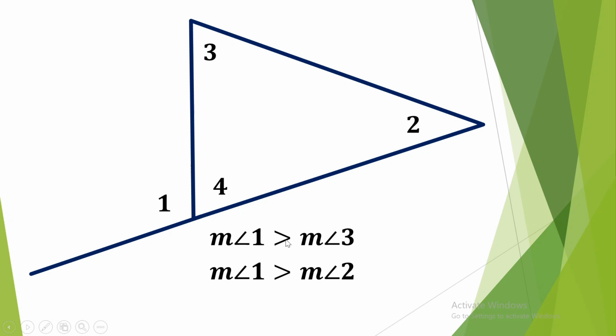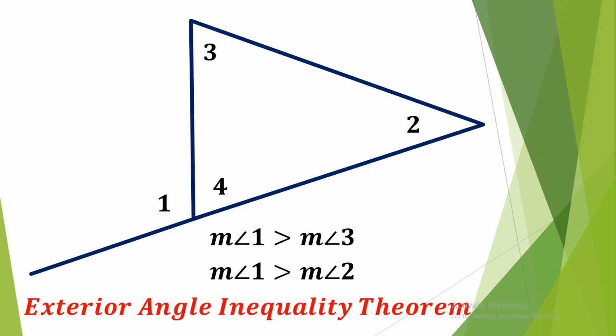So based on these two inequalities, it is very evident that the measure of an exterior angle is greater than the measure of any of its remote interior angles. And that is based on the exterior angle inequality theorem.